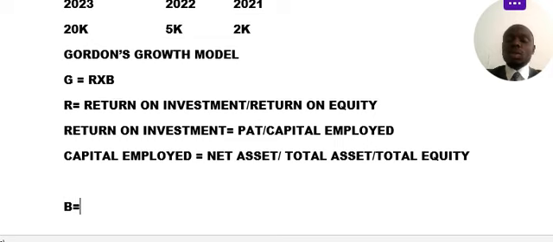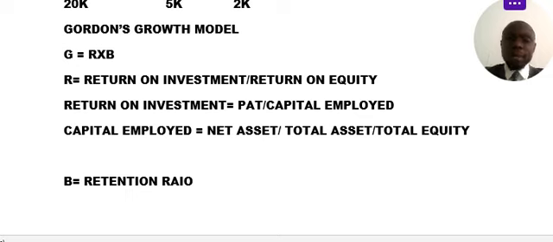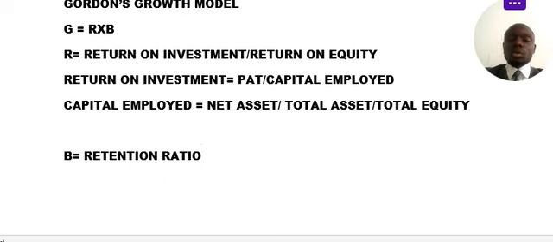So what is B? B equals the retention ratio. Retention ratio means that when you pay dividend, what you have left is your retention, your retained earnings. How do we determine the ratio?